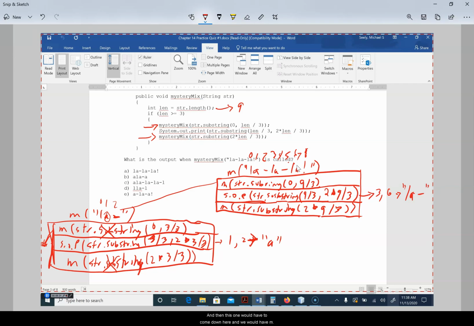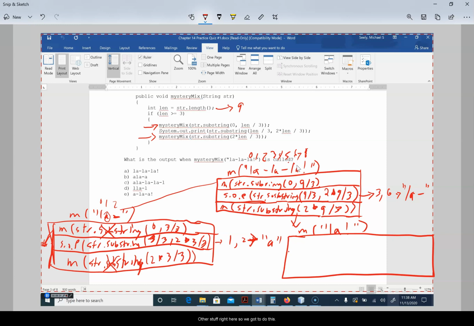And then this one would have to come down here, and we would have M. And then 9 divided by 3 is 3. 2 times 3 is 6. So starting at 6 is just L, A, exclamation point. Okay. And then we got to do our other stuff right here.